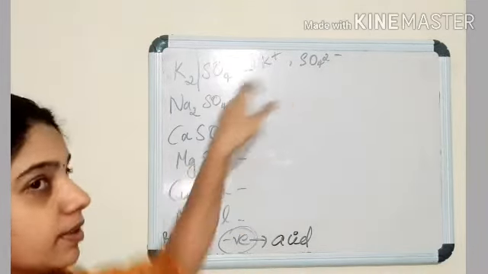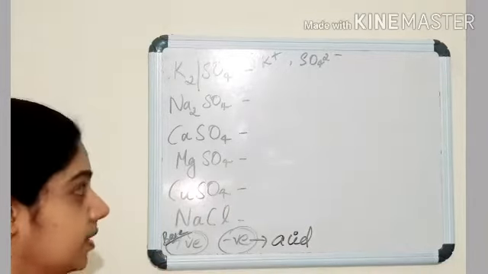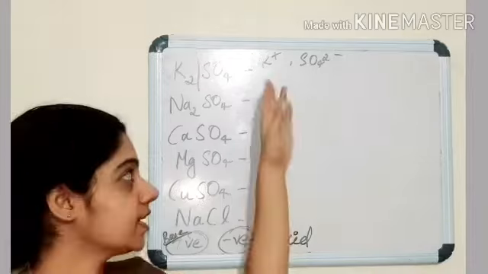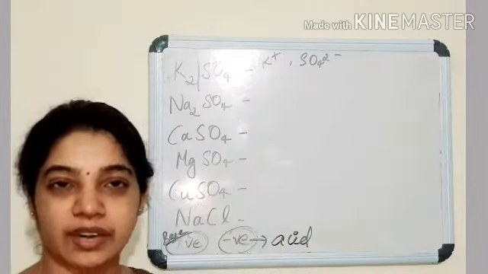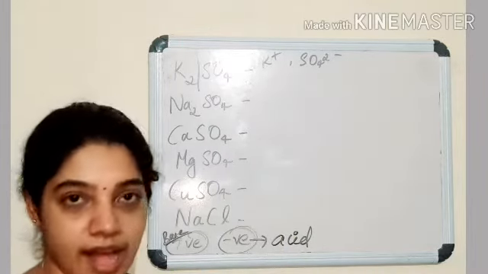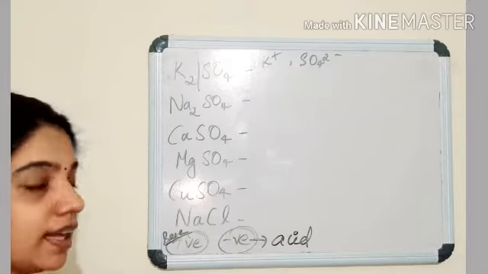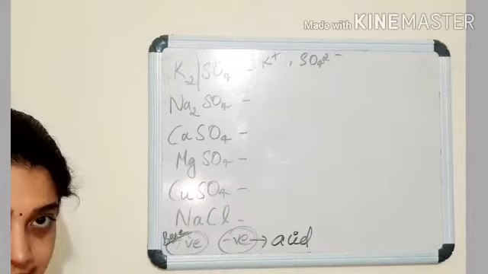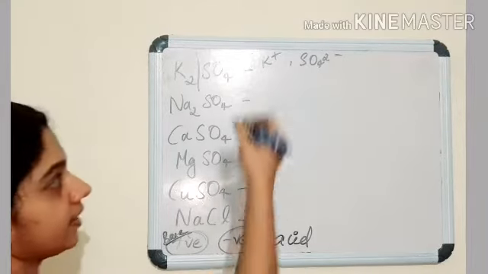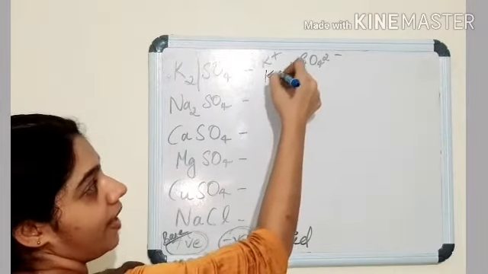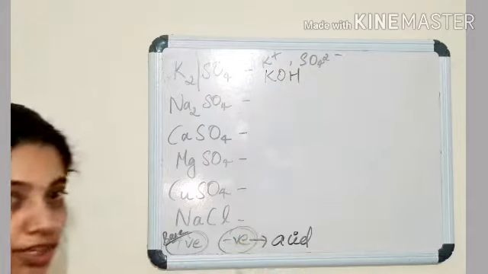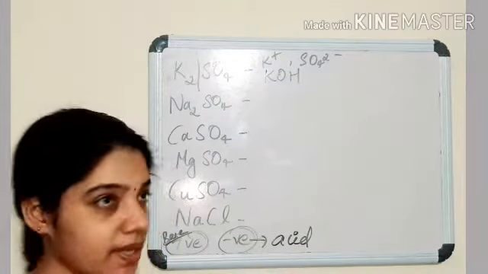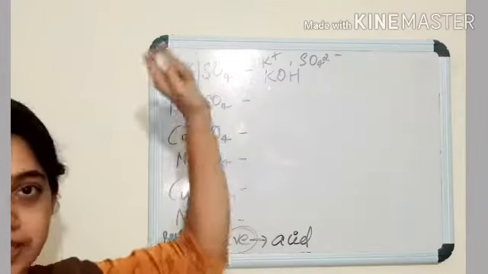Normally the positive part will be formed from the base. So predict a base which contains potassium in it. You have studied many bases and many acids also. From those, can you take an example of a base which contains potassium? We can take KOH, potassium hydroxide, an example of a base which contains potassium.